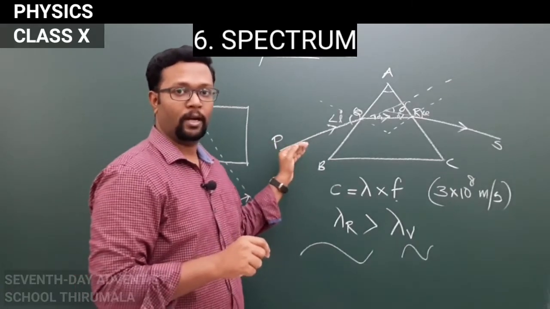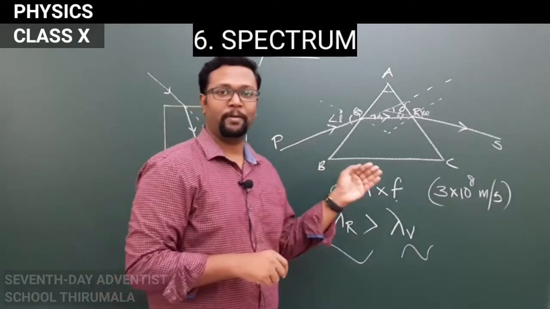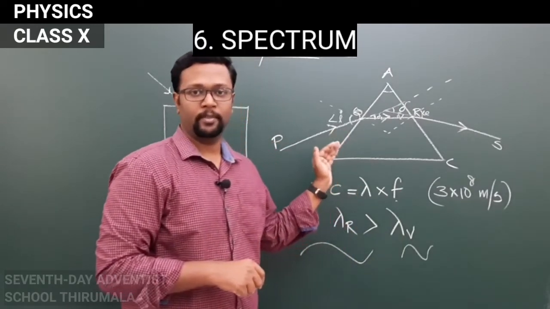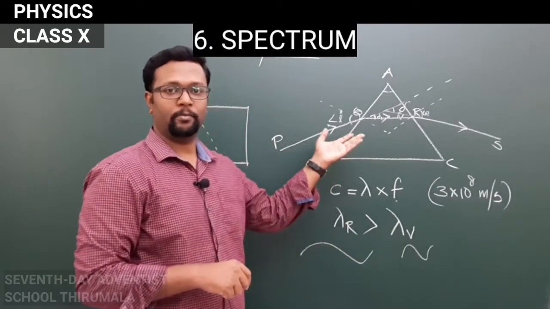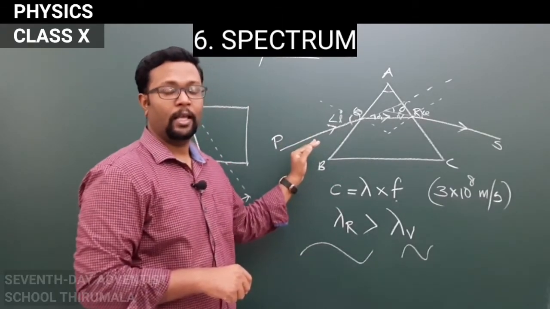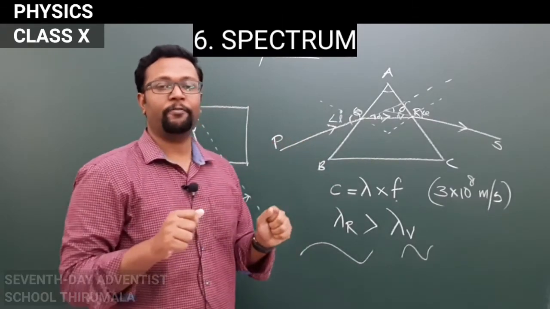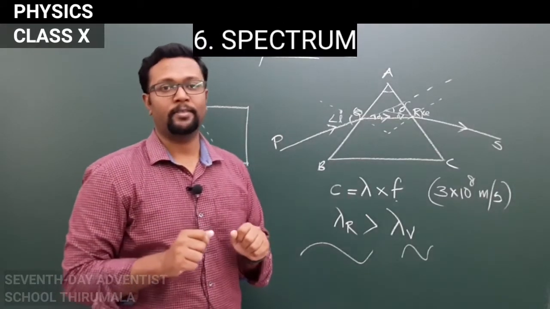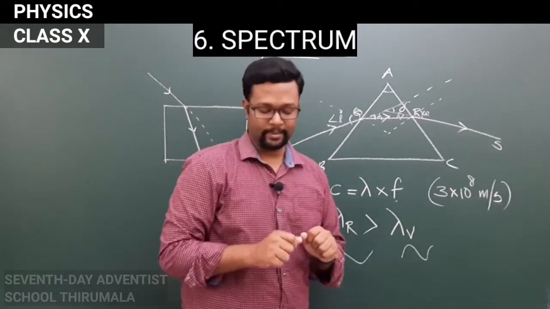We use yellow light, which is produced by a sodium vapor lamp, for doing prism experiments, like calculating the angle of the prism or some other details. But what happens if we use white light?